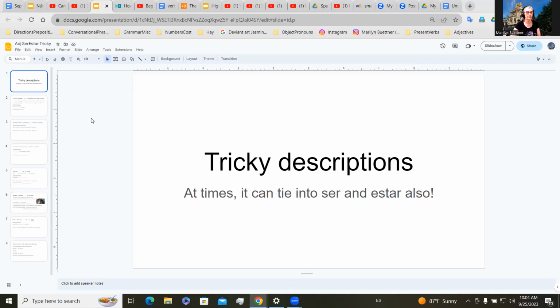But ser is always used to put an ID tag on something. It identifies what something is. It tells what it is really like at its core. Where we get messed up with ser and estar is usually that thing of saying that ser is for characteristics and estar is for conditions.